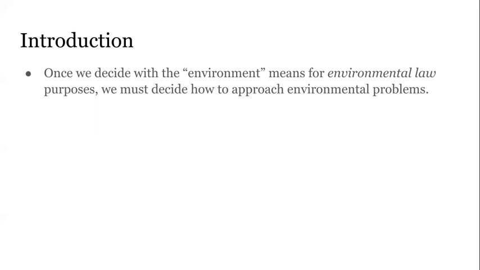The economist may be looking at it from a very human-centered way of thinking about the environment, where humans are at the center, and that view looks mainly at a benefit-cost analysis.